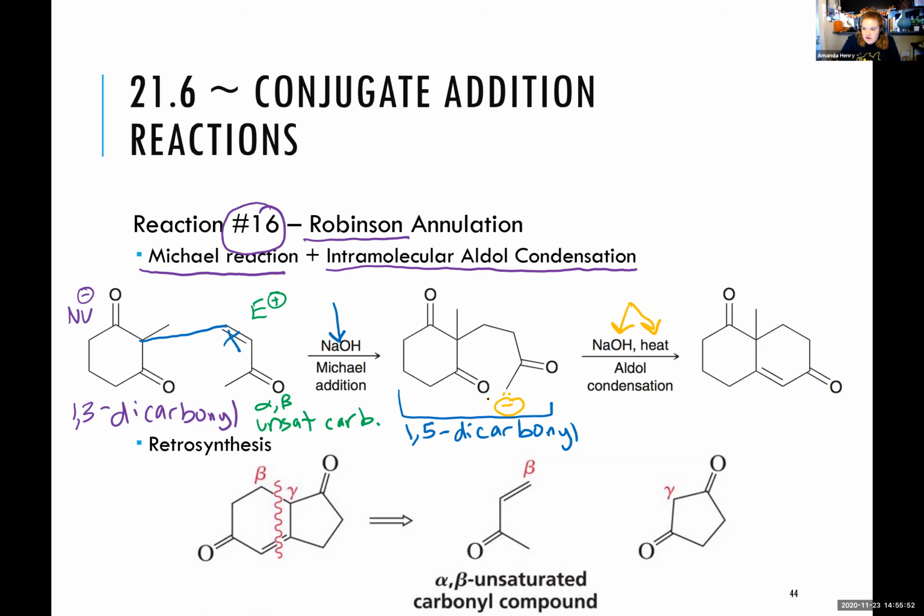So the alpha carbon that's on the end of our alpha beta unsaturated carbonyl, it's going to remove that hydrogen. And then if you remember back, I think the aldol reaction was the first one we did in this chapter, but that is going to attack our carbonyl, which will become a negatively charged oxygen. So here's what we get.